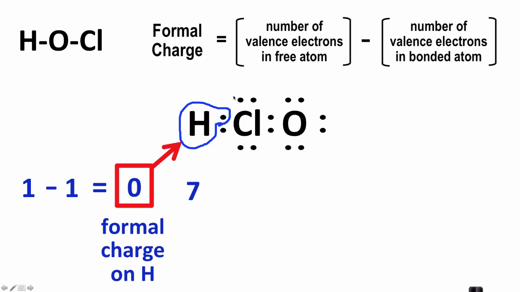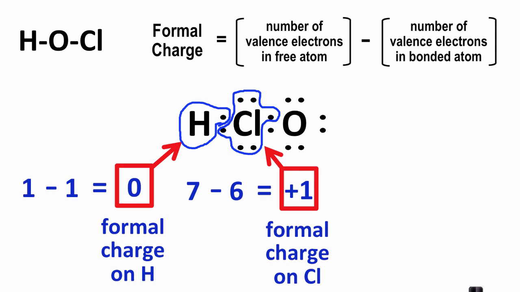So what we could do is say these electrons here are the ones that really belong to chlorine when we split them between the 2 atoms. So chlorine has 2, 4, 5, 6 electrons around it, and so 7 minus 6 is plus 1, and so the formal charge on the chlorine is plus 1.